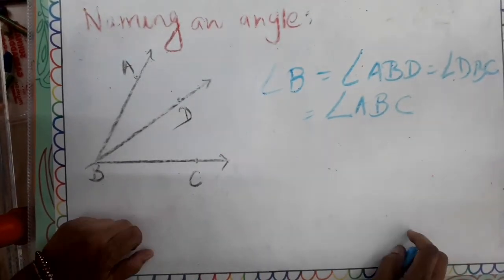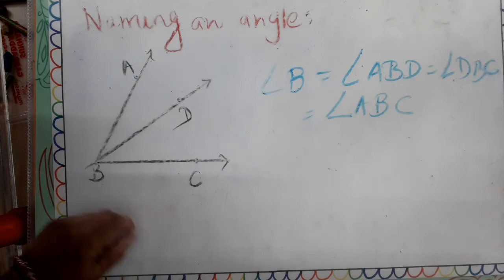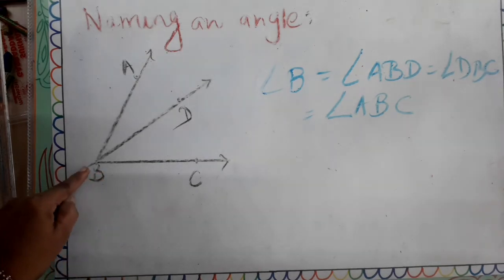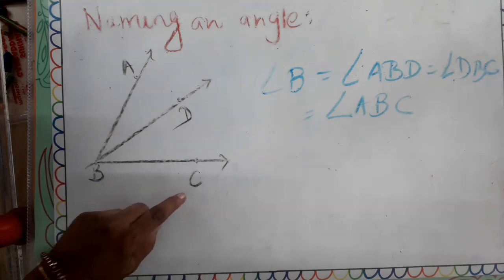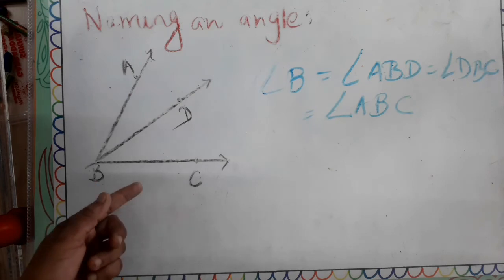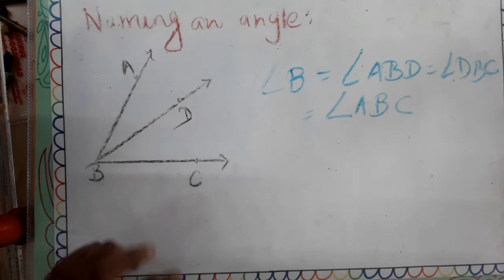In such a case, naming the angle by its vertex alone is not helpful. So in this case, it's better to name the angle by its vertex and the 2 points on its arms.